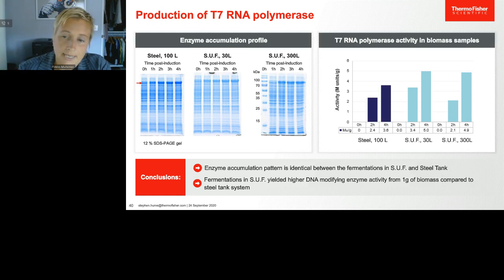The results on the SDS-PAGE show that the enzyme accumulation is identical between the single-use fermenter and the stainless steel tank. And on the right-hand side, you can see that the enzyme activity is actually higher in cultures harvested from the single-use fermenter.